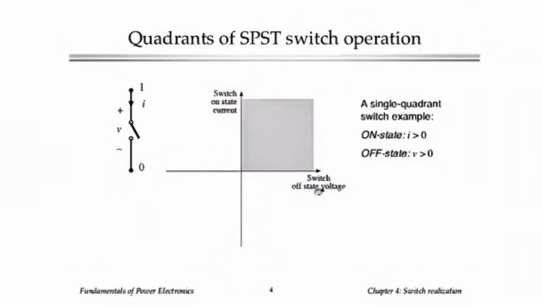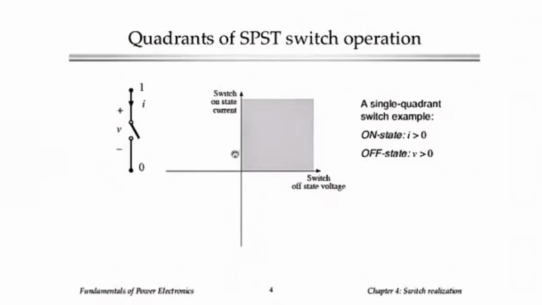The off-state voltage is generally given by the input voltage Vg, or perhaps a capacitor voltage in the converter. Likewise, the switch on-state current is the current imposed on the switch. Generally, the on-state current is an inductor current or some combination of inductor currents.